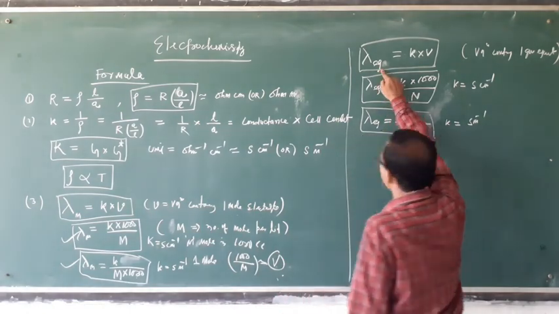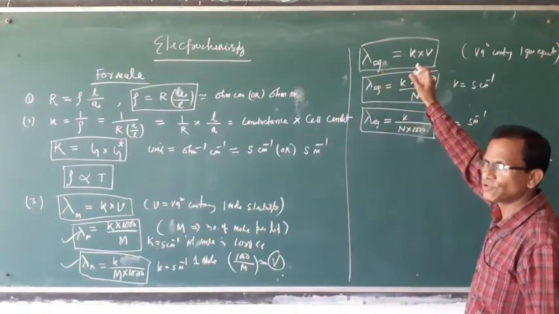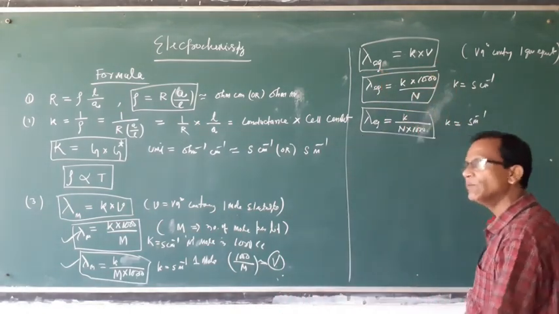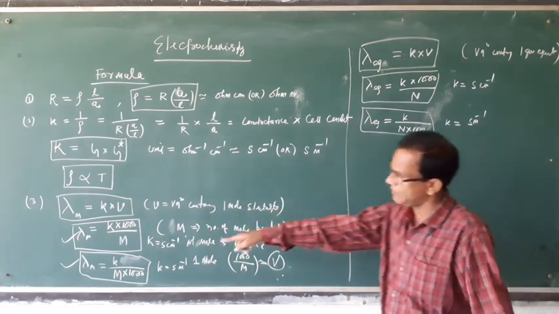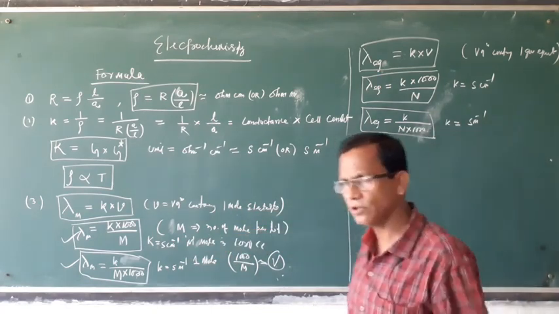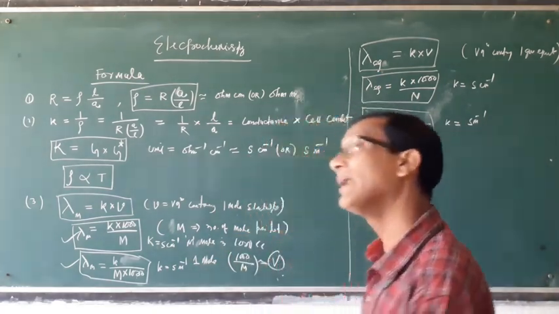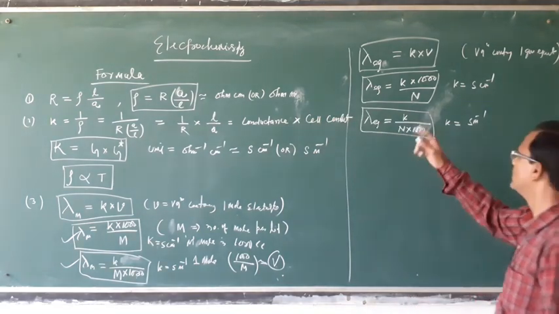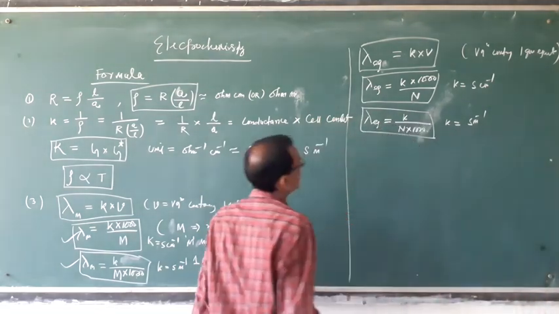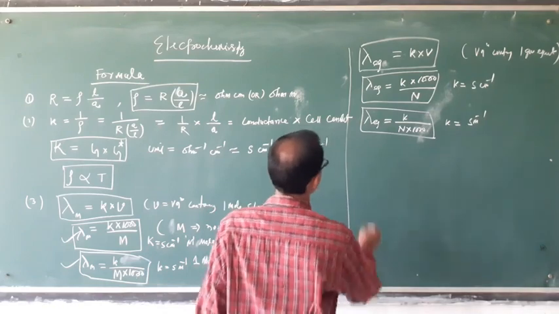So lambda equivalent means the volume of solution containing 1 gram equivalent of electrolyte. Lambda m means the volume of solution containing 1 mole of electrolyte. So what is the relation between lambda equivalent and lambda m?